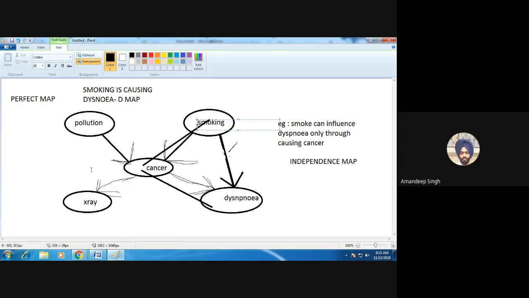So that is all about the reasoning that we can do with the help of this Bayesian networks and with this Markov property.